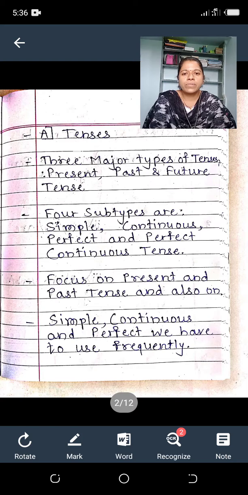So now see, we have to use future tense very rarely. So we will focus on present and past tense in this video lecture. Again see, the subtypes which we have to use frequently are simple, continuous, and perfect.